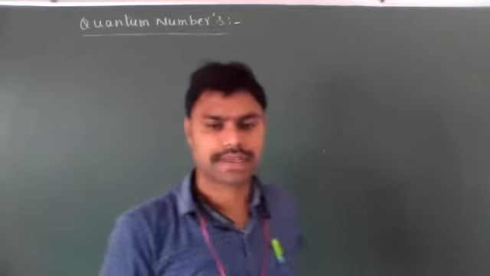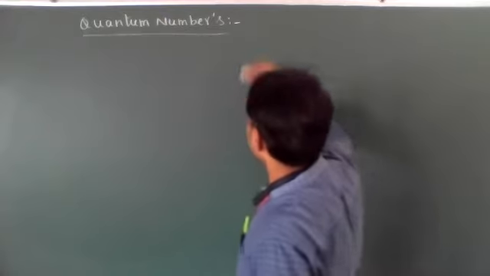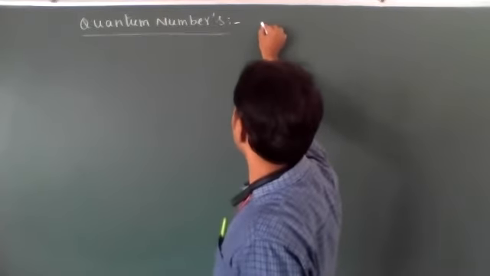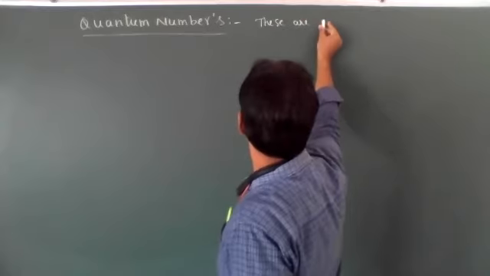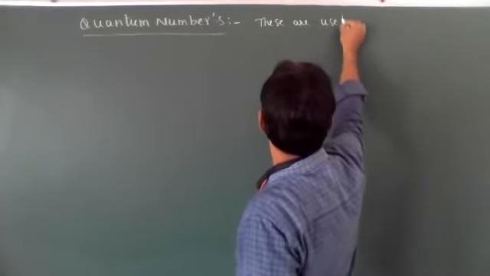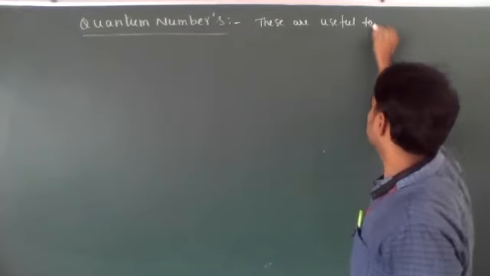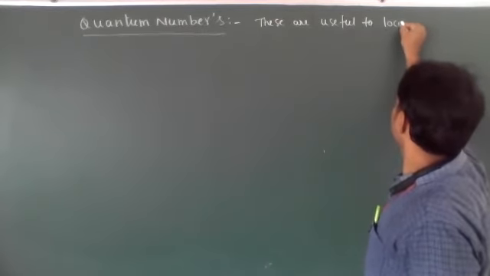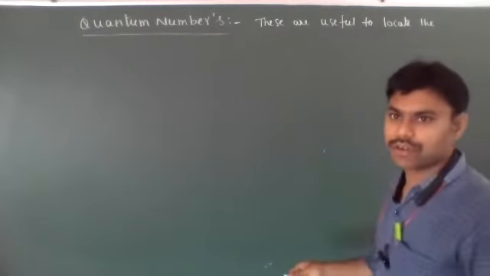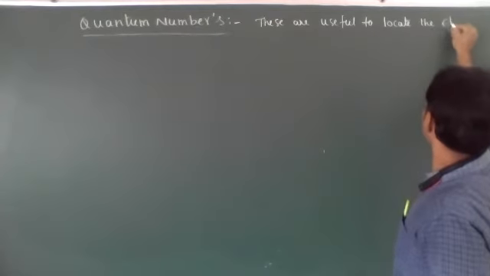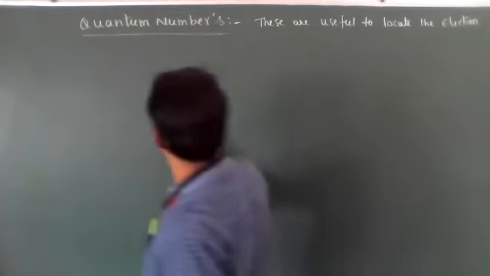What are quantum numbers and what is the importance of quantum numbers? Quantum numbers are useful to locate the electron in an atom.